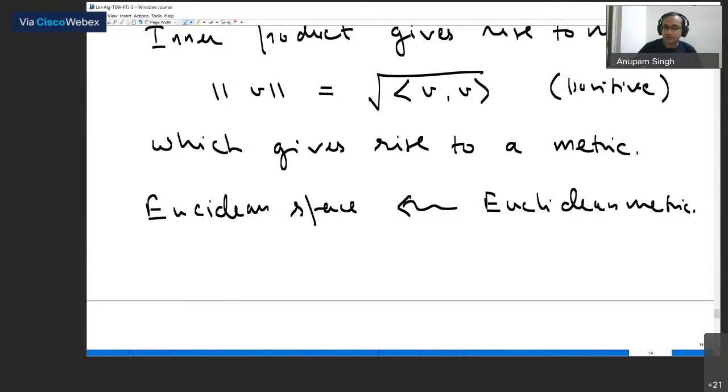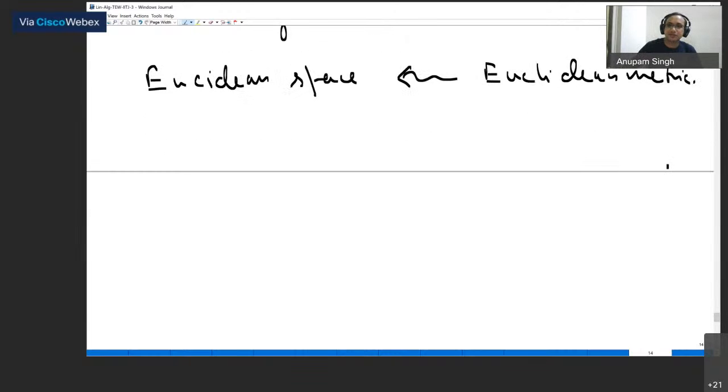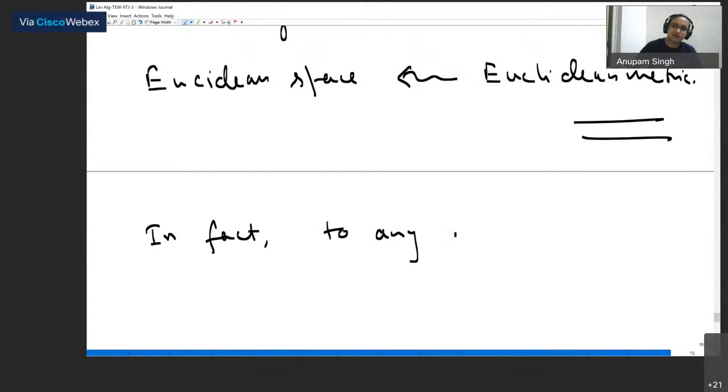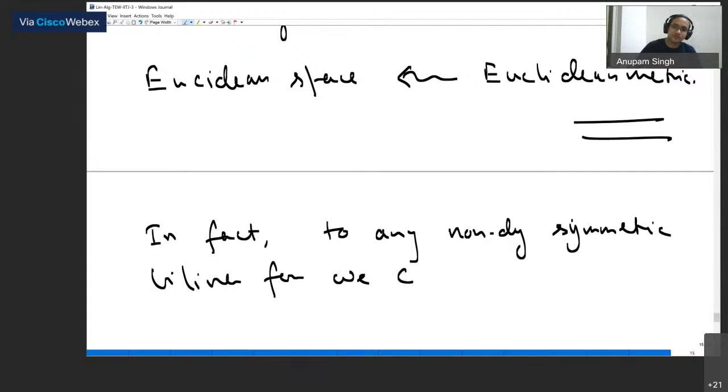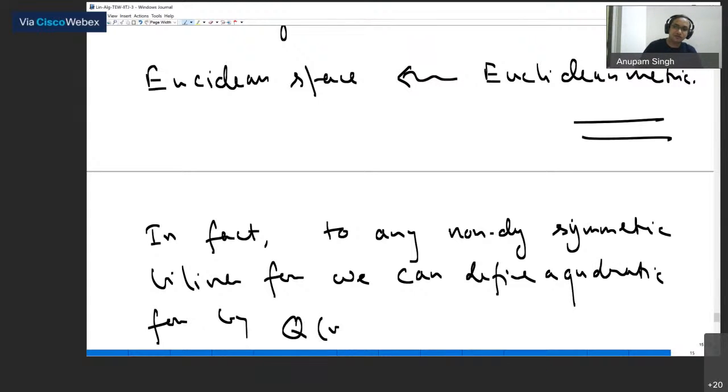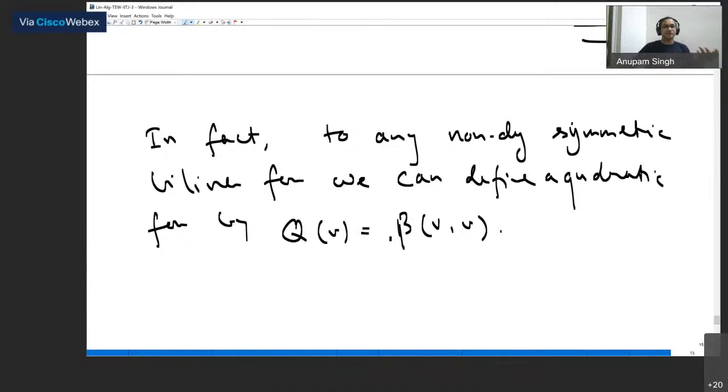In fact, to any non-degenerate symmetric bilinear form, we can define what is called a quadratic form by Q of V is simply beta of V, V. We don't take the square root here because this can be defined over any field, and we don't know whether for that field we can take a square root.